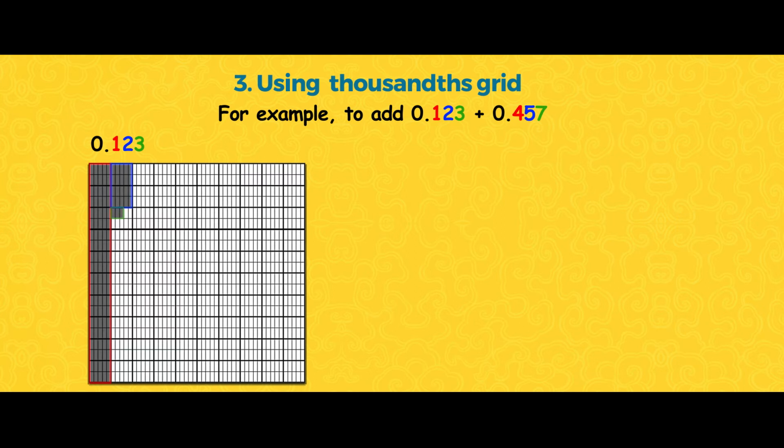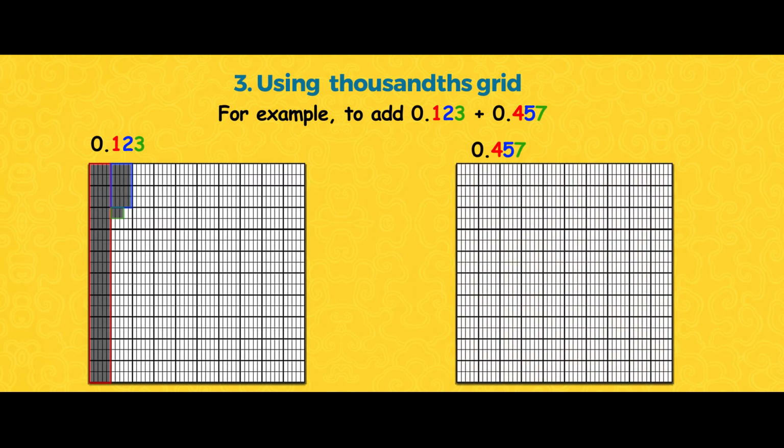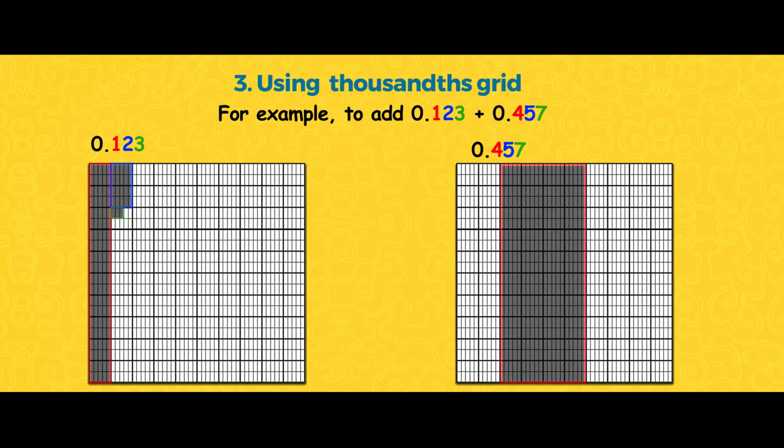And in the second addend, you have 0.457. So 4 in the place of tenths, you have to shade, you have to mark with color or anything, 4 columns. And then 5 hundredths, you have to shade 5 squares.